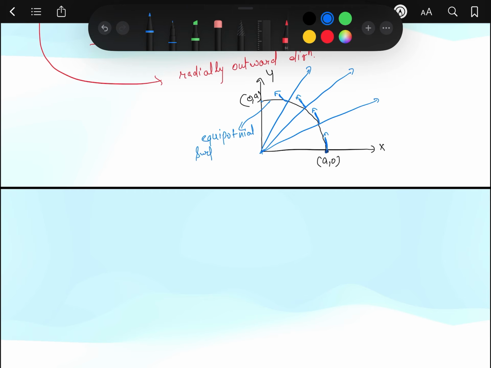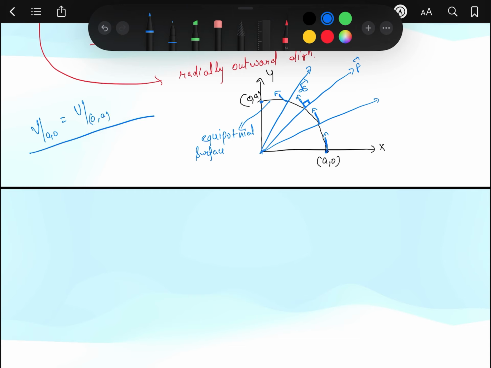And also we can prove that this displacement of this particle is always perpendicular to this F vector. So this is the ds vector, and this is also an equipotential surface. So potential at point a comma 0 will be equal to potential at point 0 comma a.